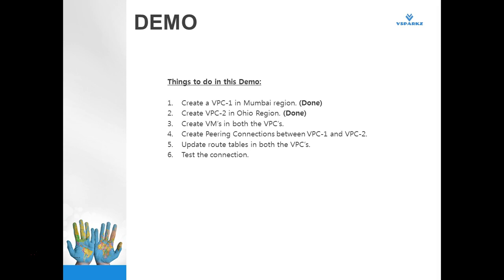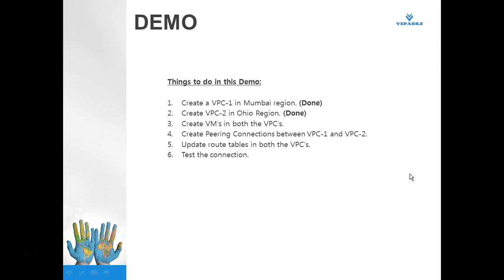So what we are going to do in this demo is create VPC-1 in the Mumbai region. We are going to create VPC-2 in the Ohio region. The first two steps are already done to save our time. I assume everybody knows how to create a VPC. If not, please see the previous demos.